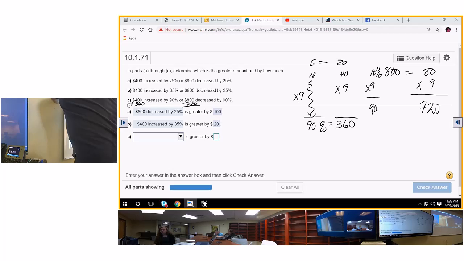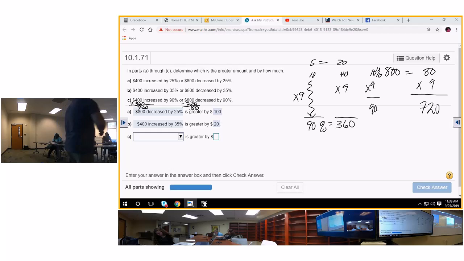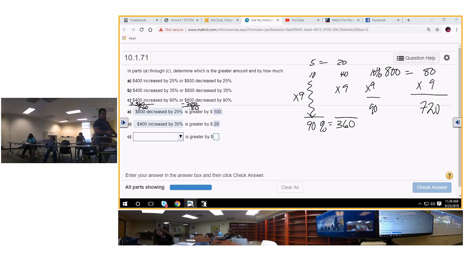And this one is going to be 760, which you should not have to use a calculator for. And you don't need a calculator for this because $8 minus $7.20 is 80 cents. So it's 80. So 760 versus 80. So your answer is the 400.